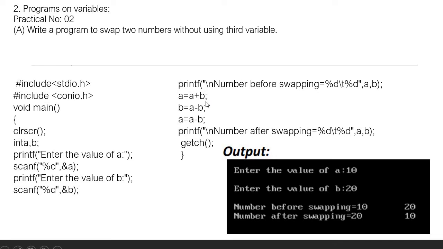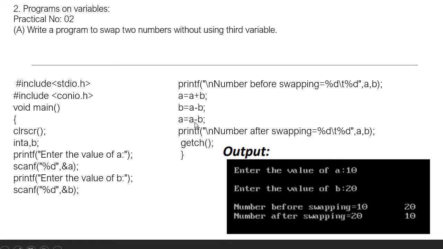How basically two variables will swap their value. Let's assume I am entering the value for A variable 1 and 2 for variable B. So 2 plus 1 equal to 3. So 3 gets stored within the A variable. Over here within the next statement 3 minus 2. So 1 will come and that value gets assigned to B variable.